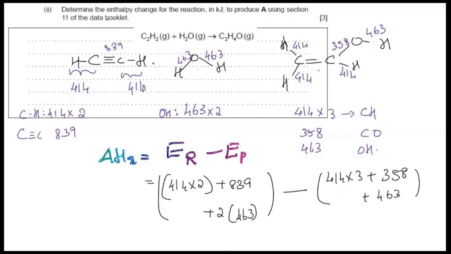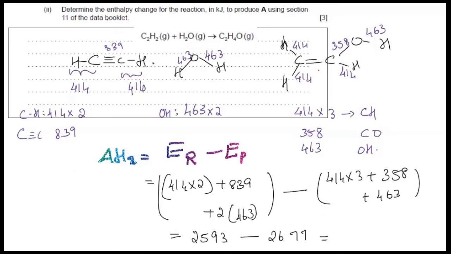So when we add up these data, we will be getting 2593. This is the energy value for the reactants, minus this side would be 2677.